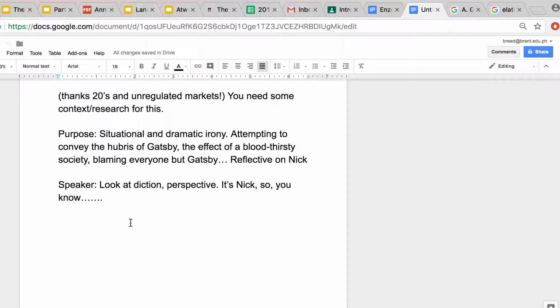Gatsby sort of avoiding his initial fate and trying to relive the past, when obviously one cannot do that. And his constant attempts to do that lead ultimately to his downfall. The effect of the bloodthirsty society, according to Nick, and then blaming everybody else but Gatsby is reflective on Nick as a person, which leads me then to the speaker.